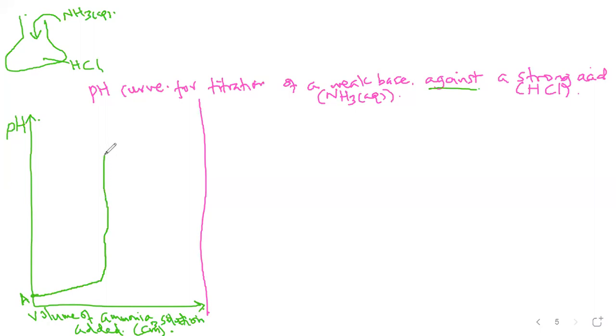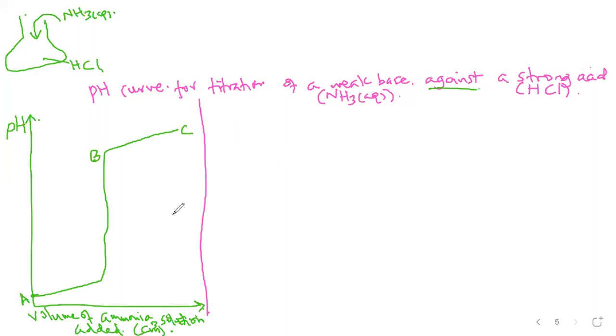You will excuse my sketch here, but it should be sharp. Then there is another gradual increase along there. This will be our point B. This will be our point C.